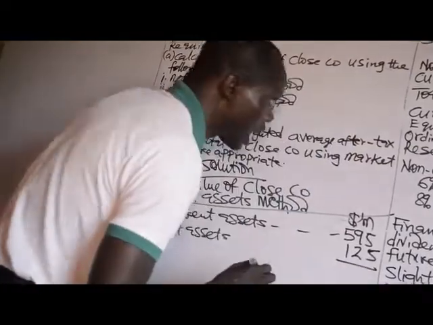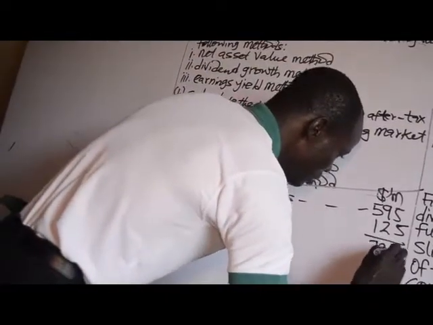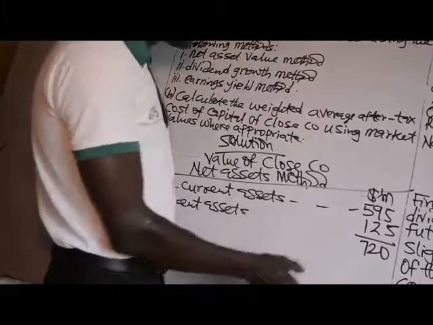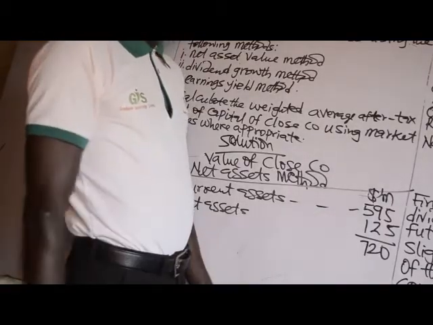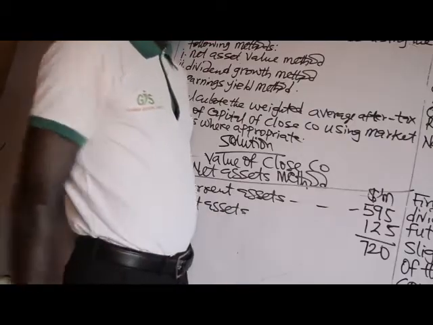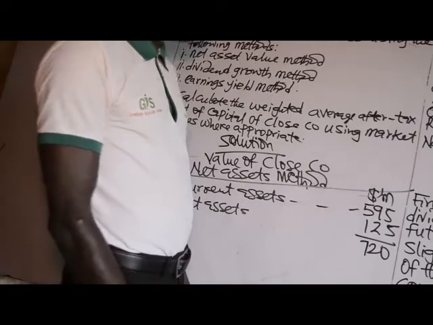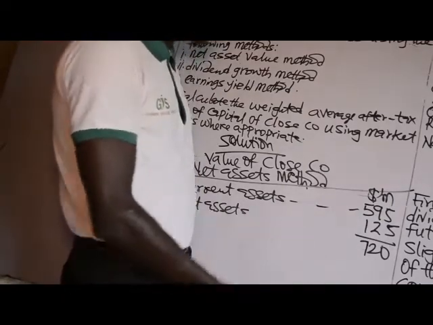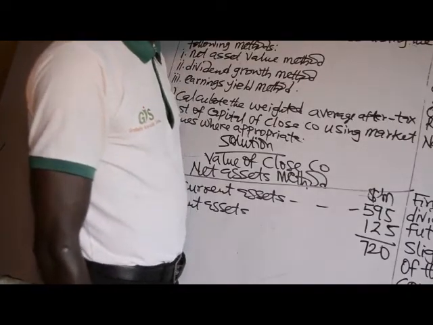Then we have total assets of 720. I've told you that when you are using the net asset method, goodwill should be excluded unless it has a market value. But since there is no goodwill, your net asset will still agree with the amount given in the statement of financial position.